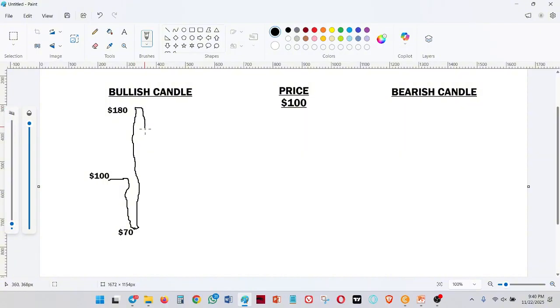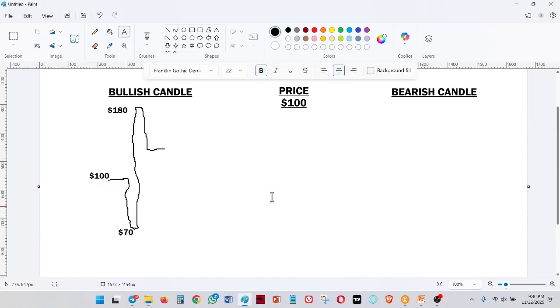They began to push it down, and they finally brought it to this level, and they closed the market. The market for that particular candle ended at this particular level. And at this level, what is the price? They finally ended it at a price of $130. So they ended it at this level here, $130.